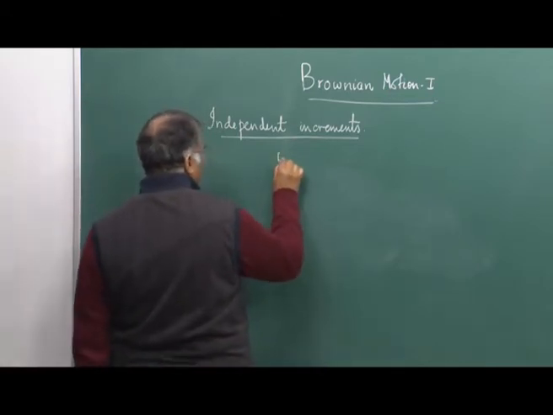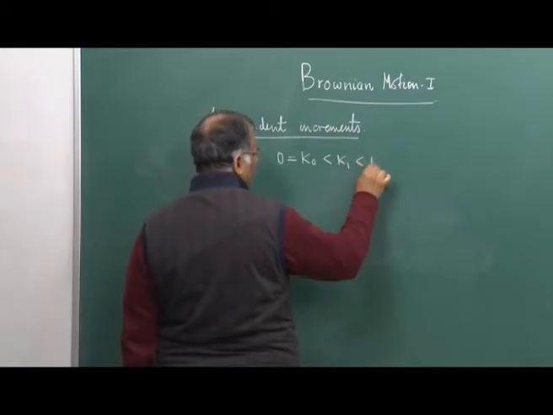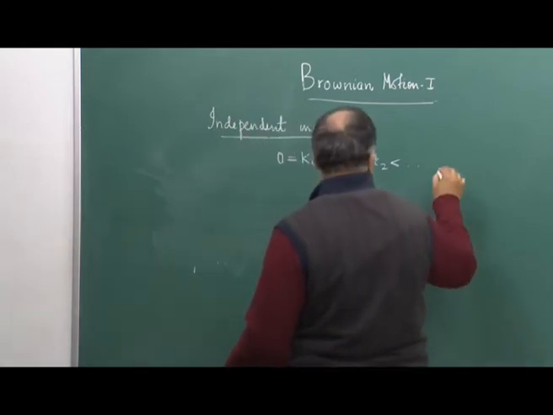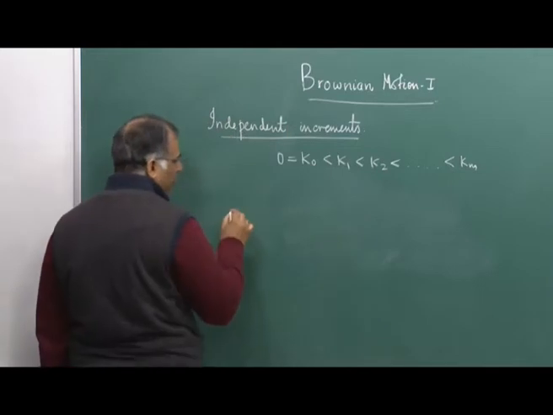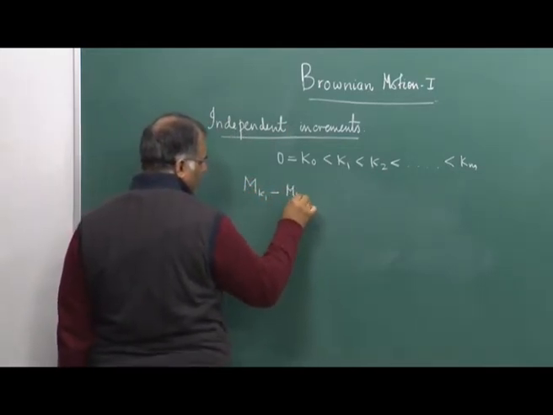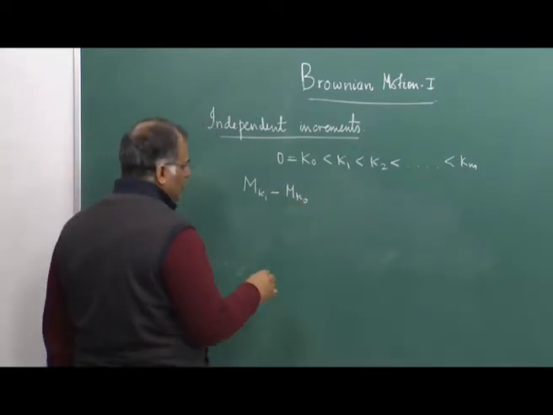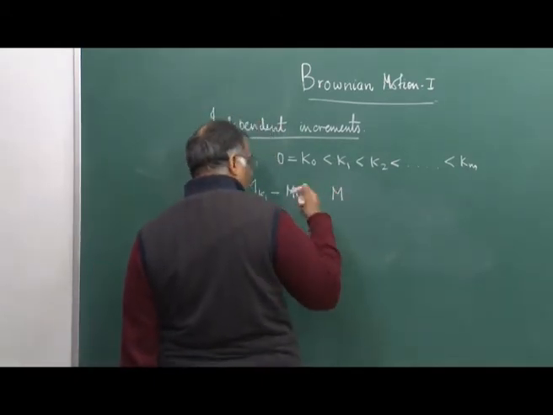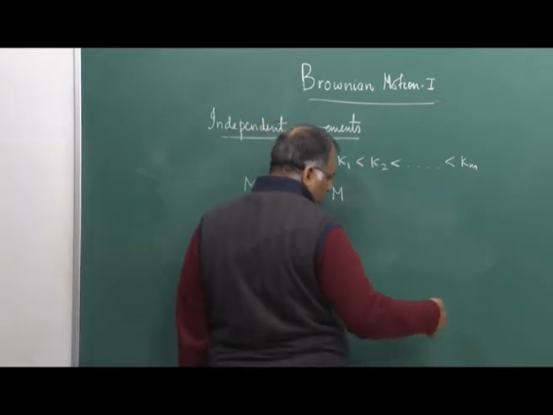If you take certain numbers, say k0, k1, up to km, that is, once you consider non-overlapping intervals, then these differences are independent because they depend on independent coin tosses, because coin tosses are independent.